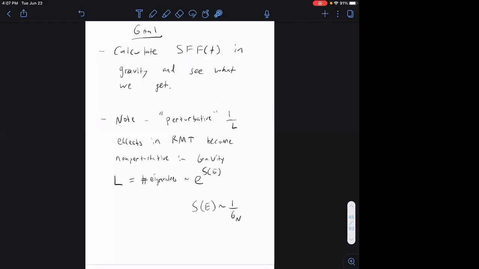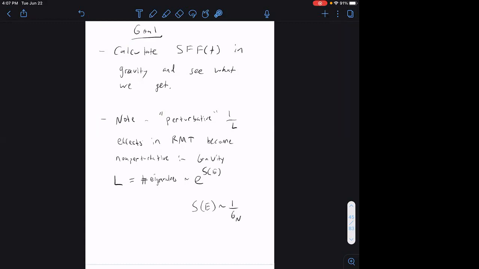That's because our perturbation theory in the random matrix theory was in 1 over the size of the Hilbert space, which is L. But in gravity, the size of the Hilbert space is like e to the S, where S, the entropy of a black hole, is 1 over G Newton. So ordinarily we do perturbation theory in G Newton, but these effects that we're looking for that are 1 over L are exponentially small in G Newton.